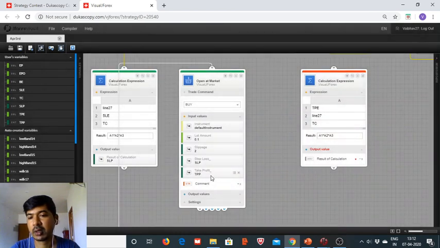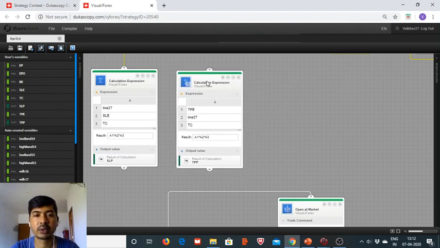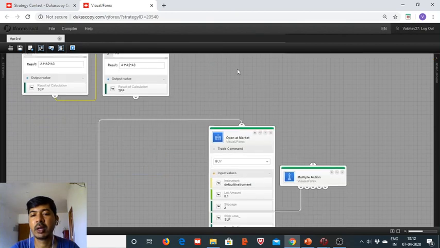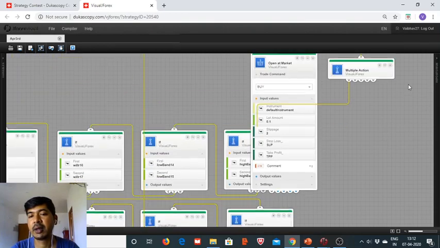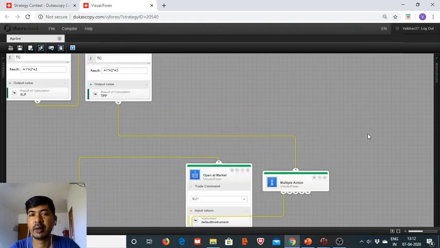So we got it. Now we have done the calculation expressions and type conversion as well. So for the day, the buy side is complete. Now if we connect it to the multiple action setup, then you will see that the buy side is ready. But then we want our algorithm to be symmetrical, and in tomorrow's session we will complete the sell side.